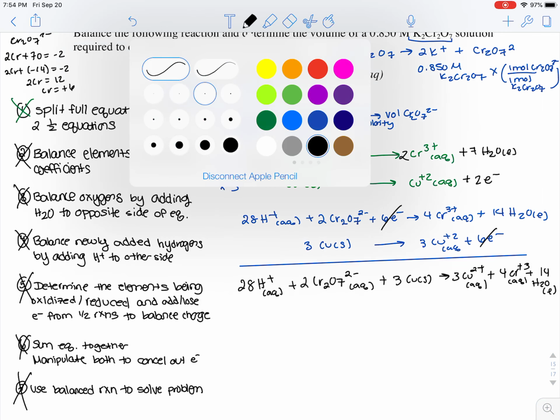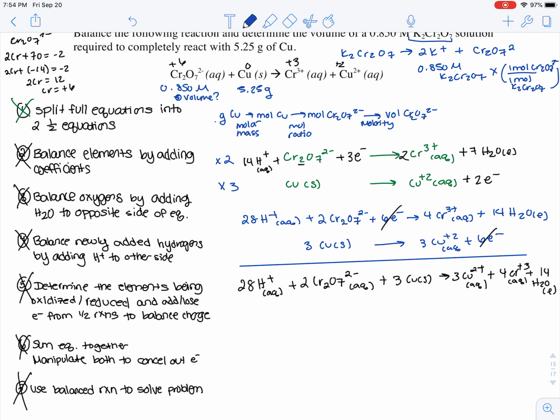Boom. So I go back to my plan here, and I start with my 5.25 grams of copper. Well, if I want to go to moles of copper, I will need to use the molar mass of copper, which, if you look in my periodic table, is 63.55.